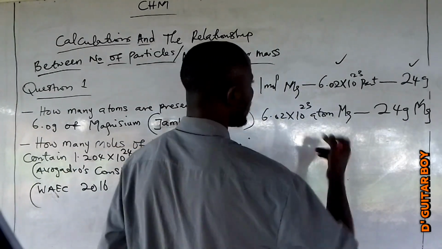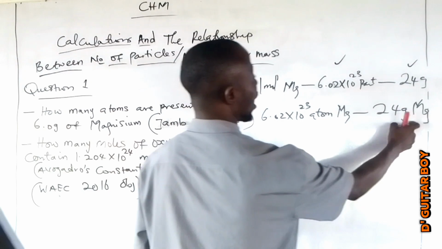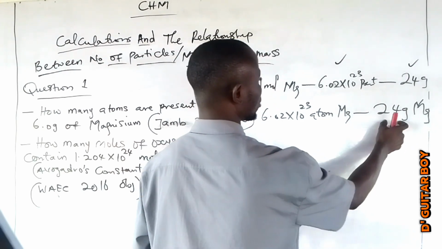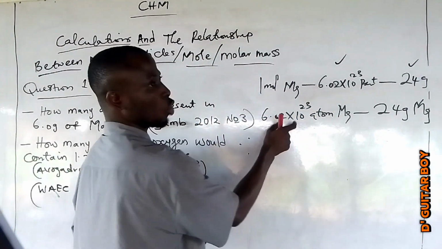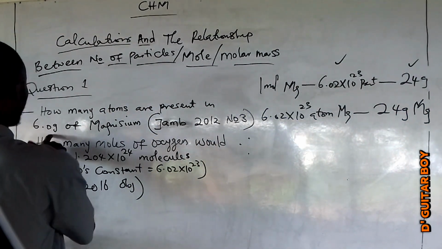That's the question now. This one, I know this before. Whenever I have the relative mass of that substance, it gives me this number.